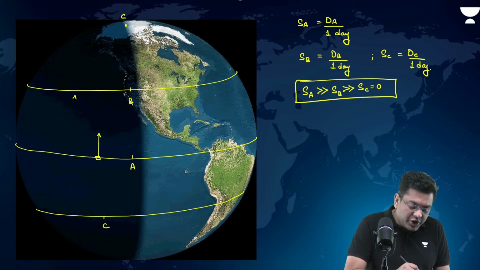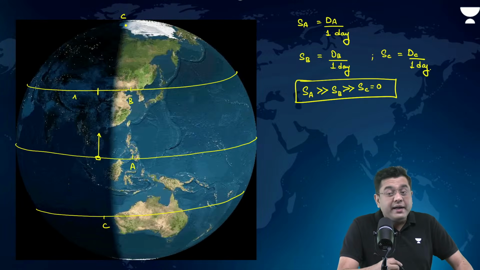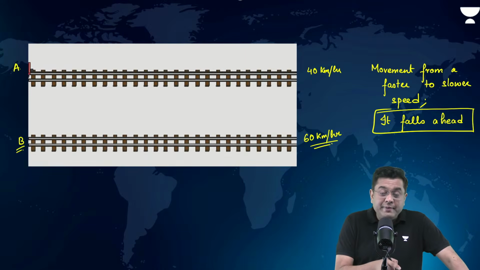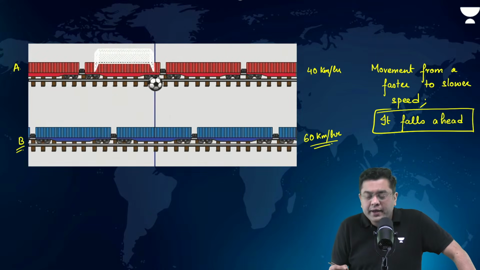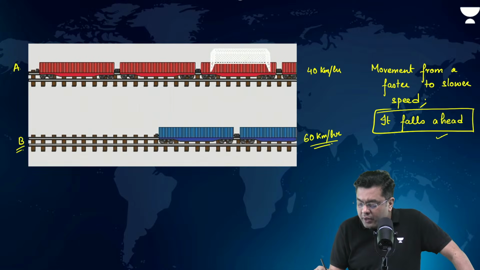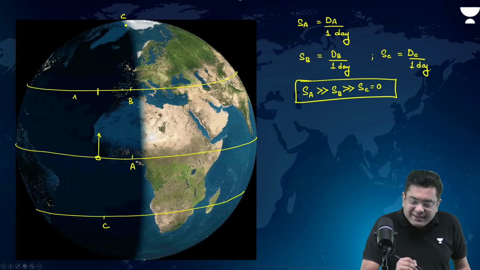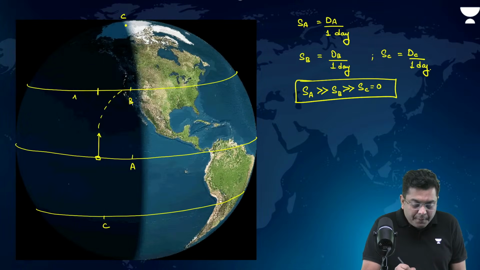It is trying to reach here at this point. But A is moving at a faster speed. What happens when you have a movement from faster to slower? From faster to slower, object will fall ahead, isn't it? So here, rather than reaching this portion, object will fall ahead.